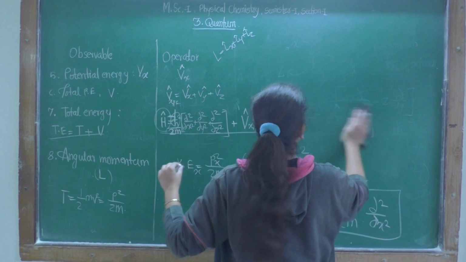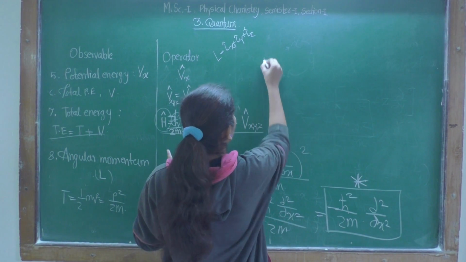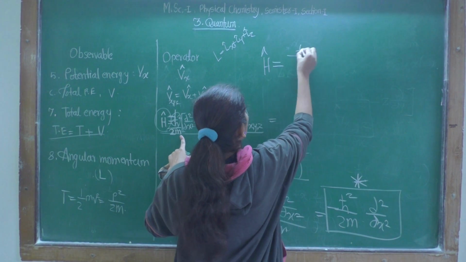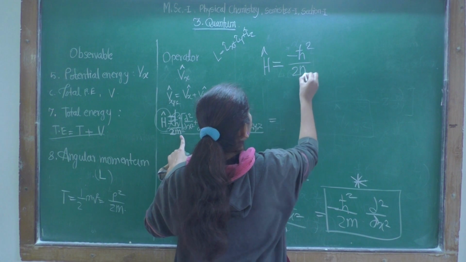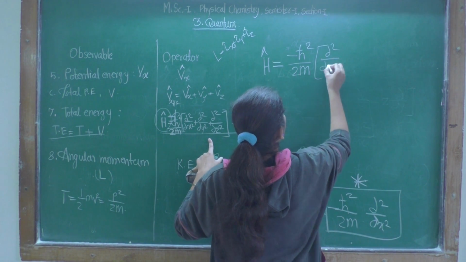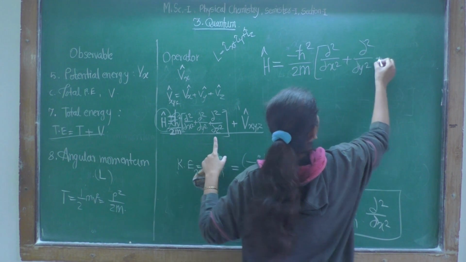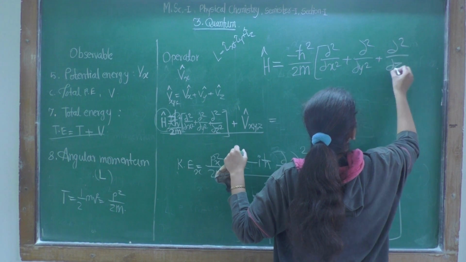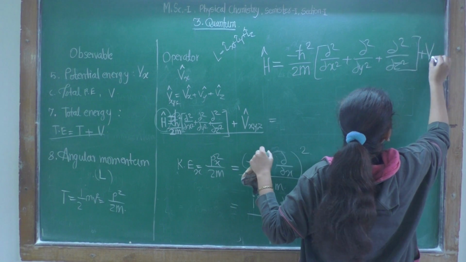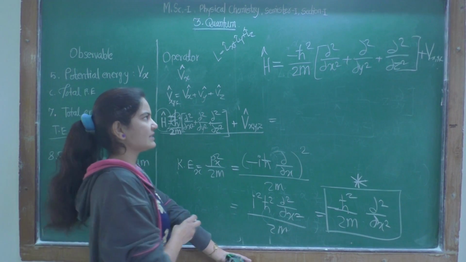Write the Hamiltonian properly. See, the Hamiltonian operator is a very important operator in quantum mechanics. It is minus h cross square upon twice m in bracket (∂²/∂x² plus ∂²/∂y² plus ∂²/∂z²) and plus V of x, y, z, potential energy along x, y and z axis.